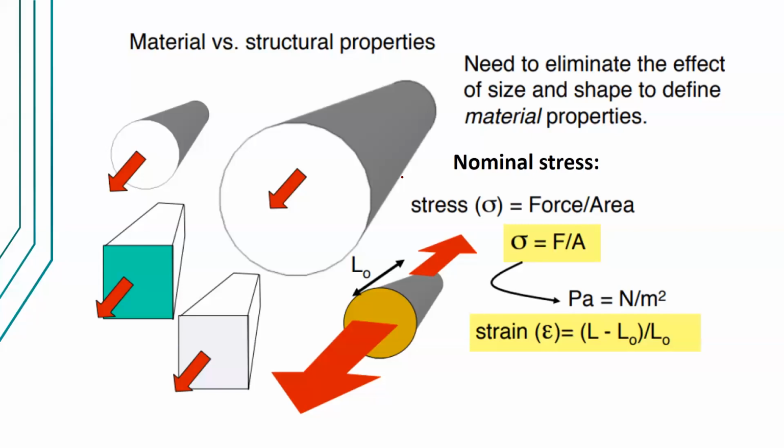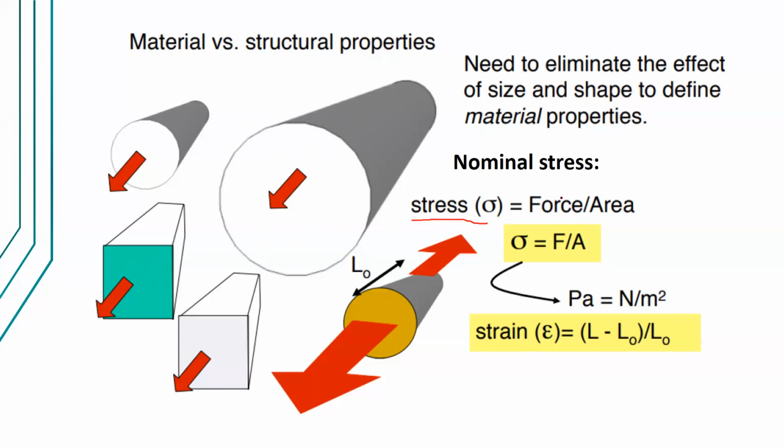So in computing stress, the shape of the material can be ignored. It doesn't matter if the cross section is circular or square or whatever geometry that you have. All you have to do is get the total cross-sectional area of that material in order to compute stress.